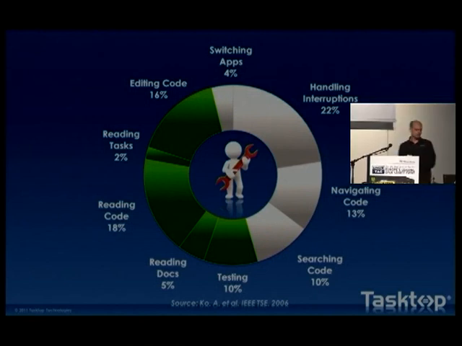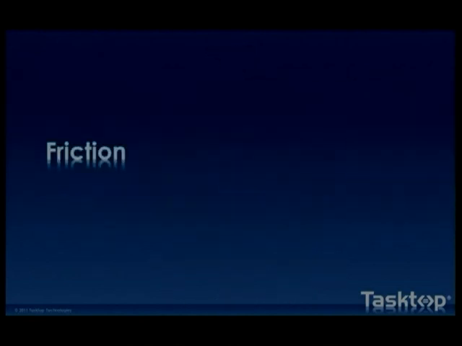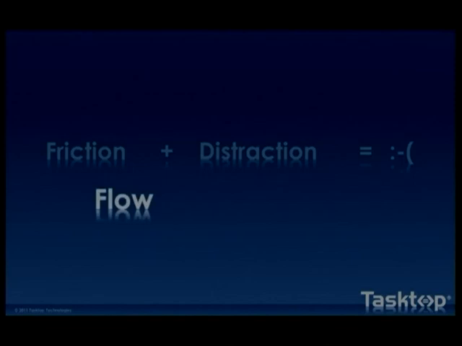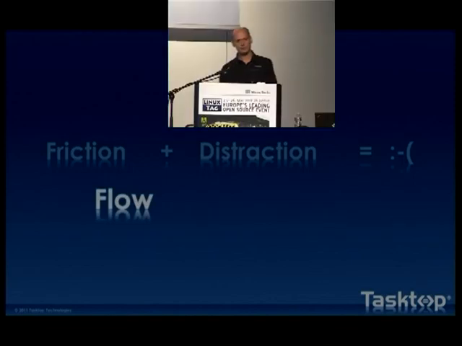And this friction that comes from this lack of integration and this distraction that comes from the information overload, that makes us unhappy. And we're really most productive when we have this feeling of flow.